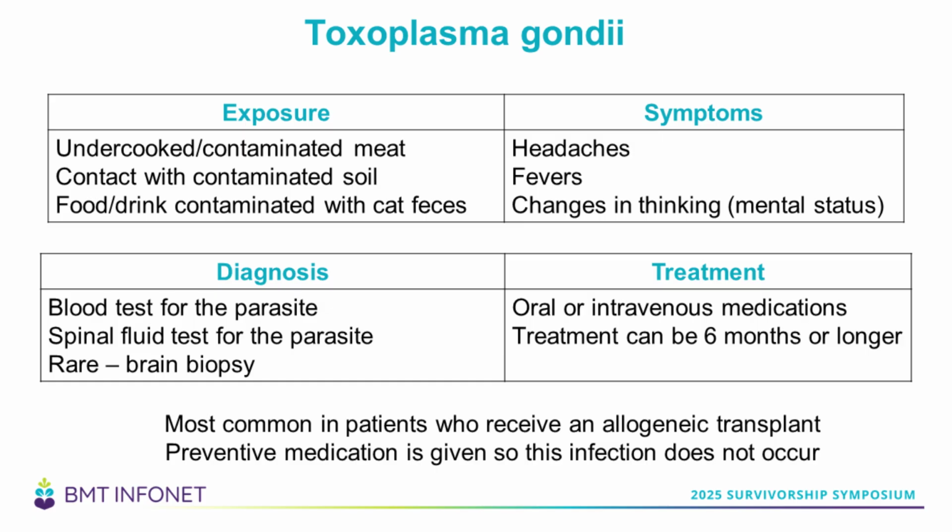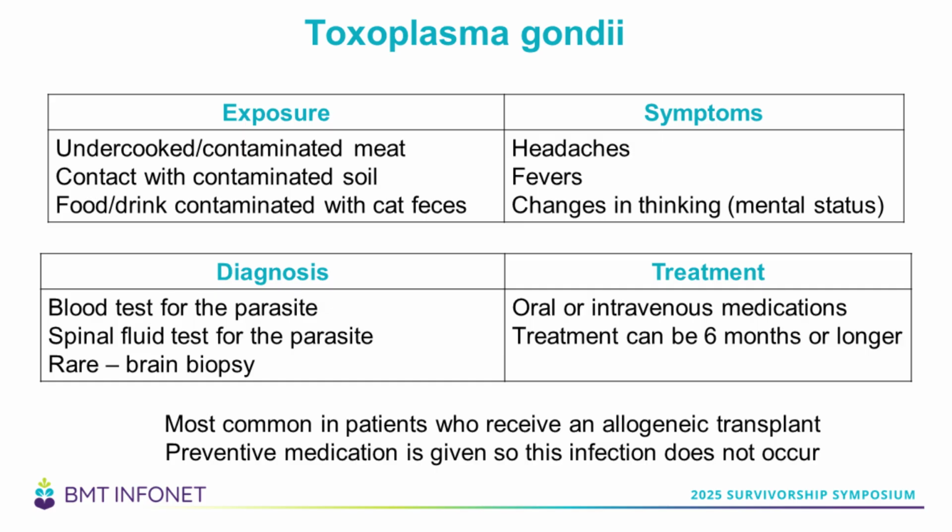So this is often why, for those of you who might have pet cats, your transplant or CAR-T medical team might recommend that you no longer handle the cat litter, because that is a common way this infection is transmitted, is from the cat feces, and you handling the litter and not washing your hands thoroughly, and then ingesting the parasites from your own hands.